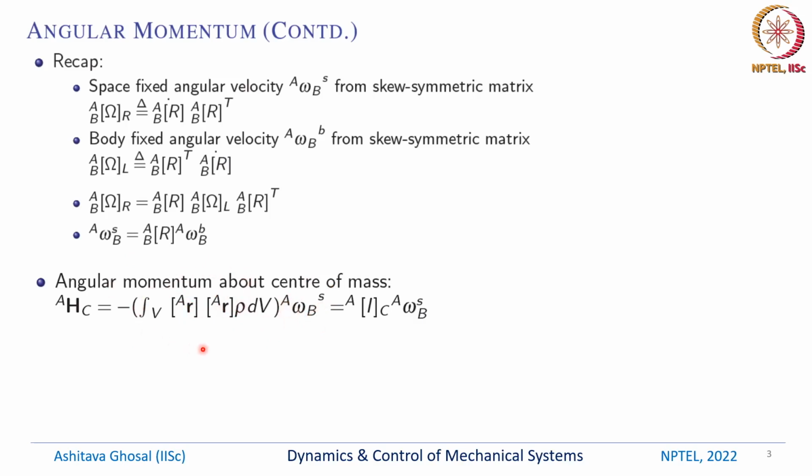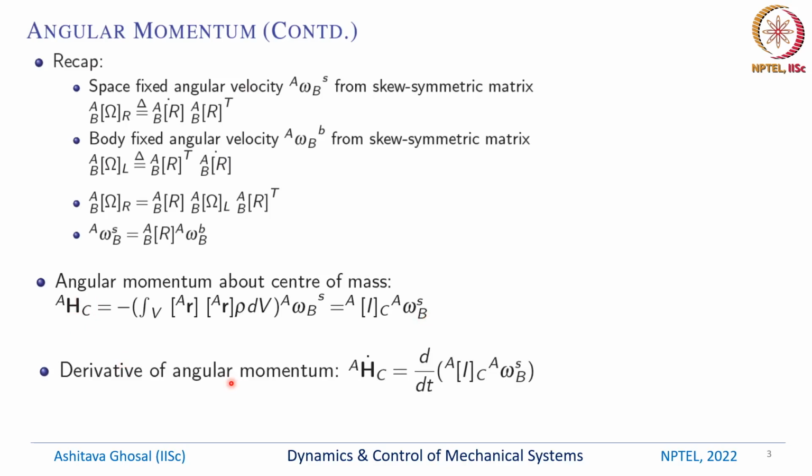So this quantity, as I have shown in the last slide, is nothing but the inertia matrix. So the angular momentum is nothing but the inertia matrix times this angular velocity vector. So this is a 3 by 3 matrix times a 3 by 1, so we get a vector with 3 components.